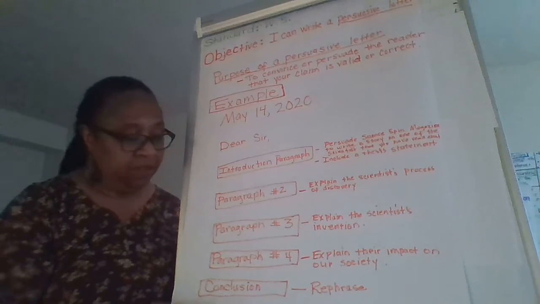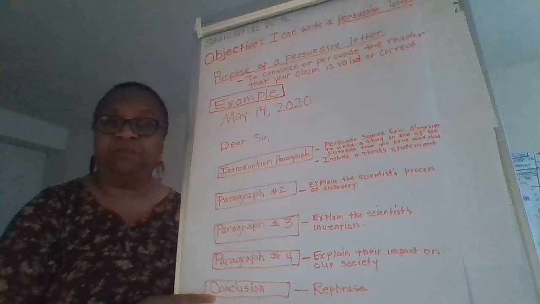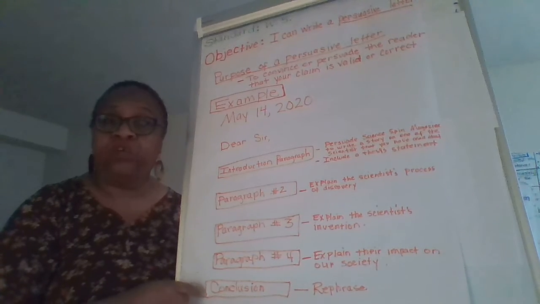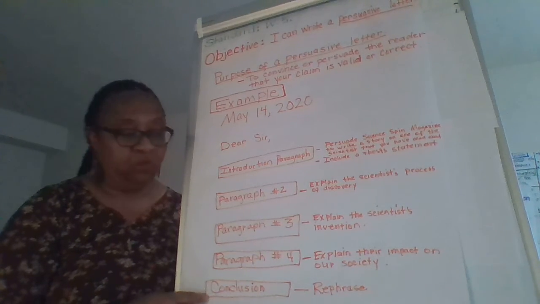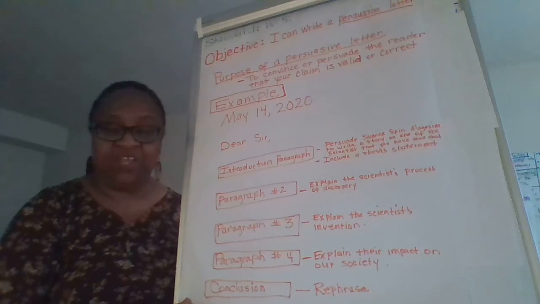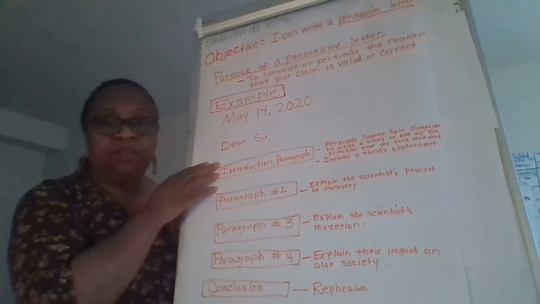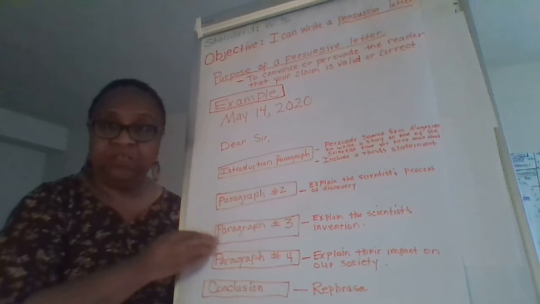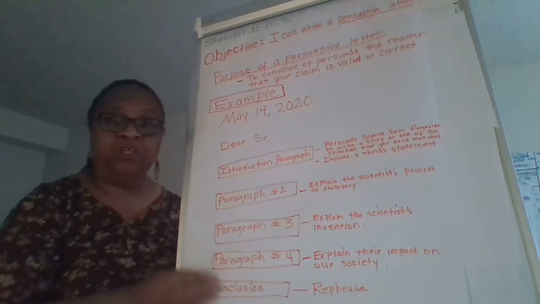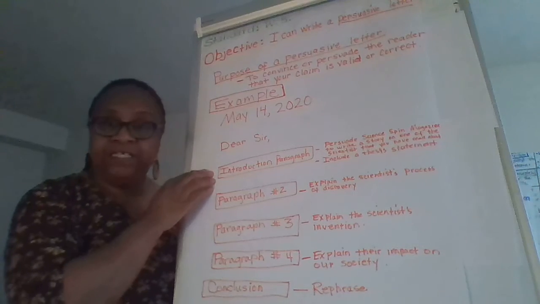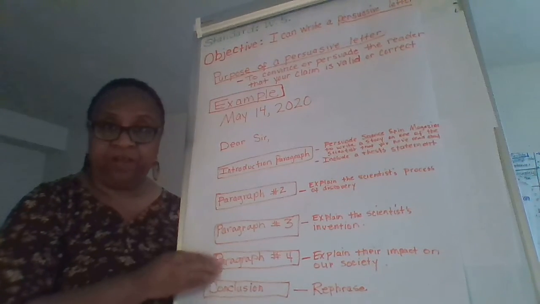Okay? Now, our last paragraph is, of course, our conclusion. We all know what a conclusion is. We are just rephrasing the information that we have written in previous paragraphs. Conclusion, rephrasing previous paragraphs.